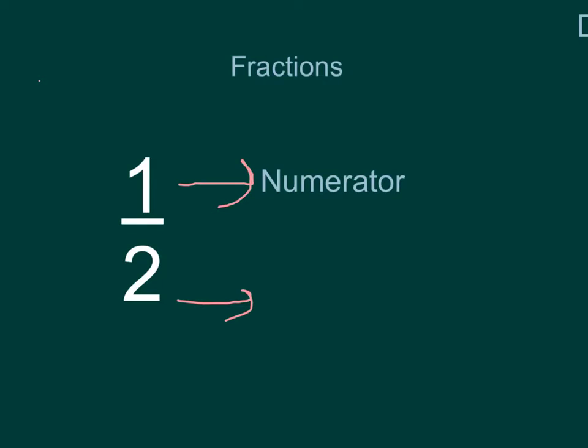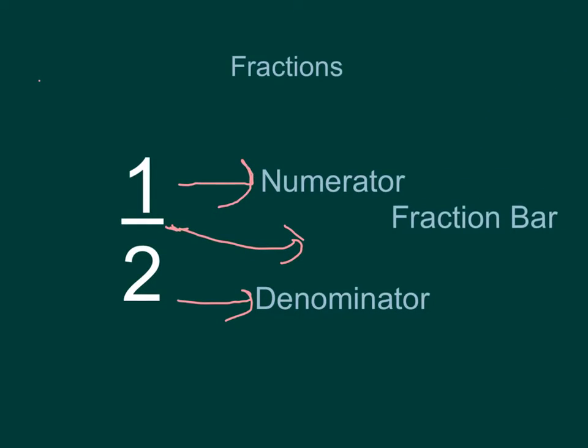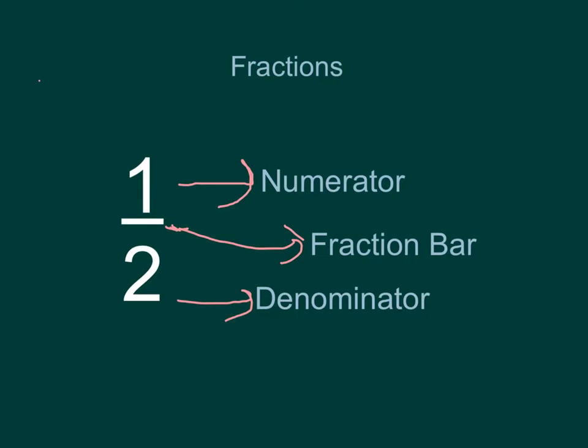The number that goes on the bottom, in this case 2, represents the whole. Another word that we use to represent the bottom number is denominator. And finally, the line that separates the numerator and the denominator is called the fraction bar.